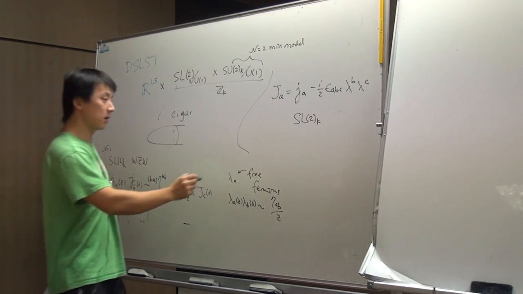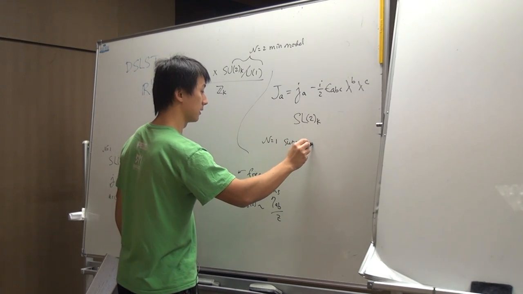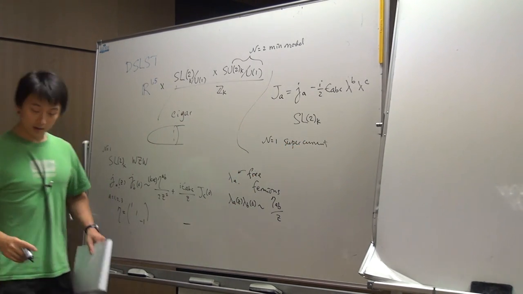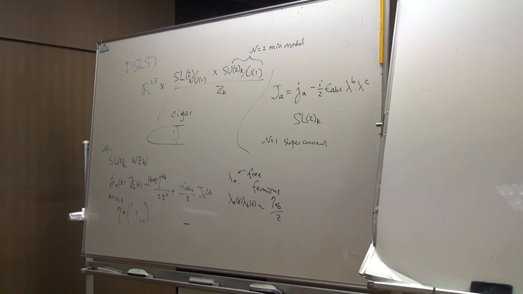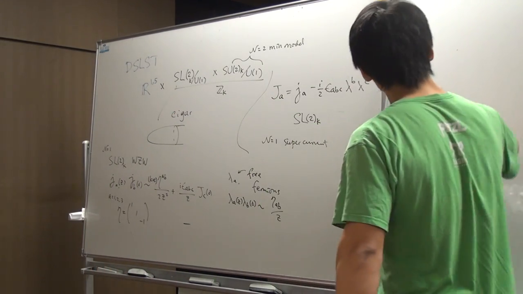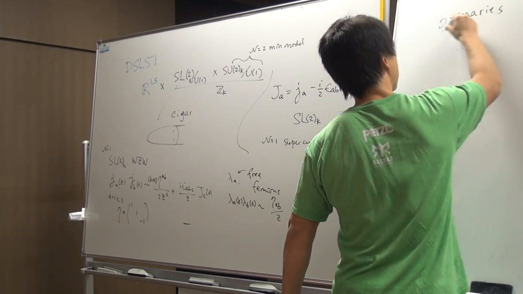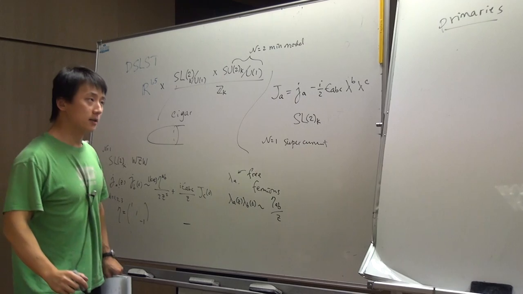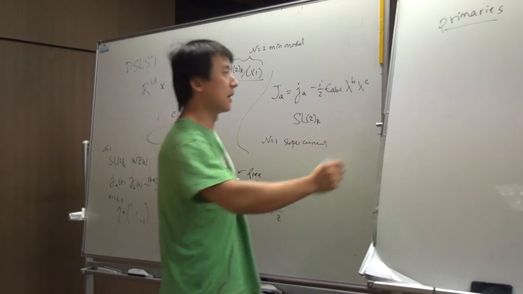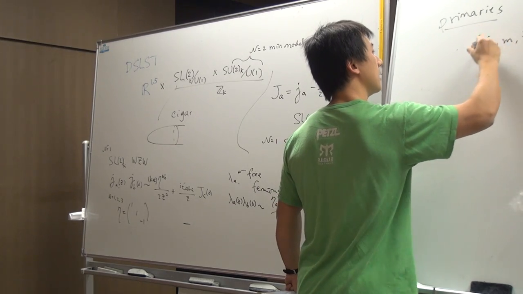One can also write down some n equals 1 superconformal current in this theory, which I won't bother writing down now. Okay. Now, the primary operators with respect to this SL2 current algebra are labeled by j, m, and m bar.